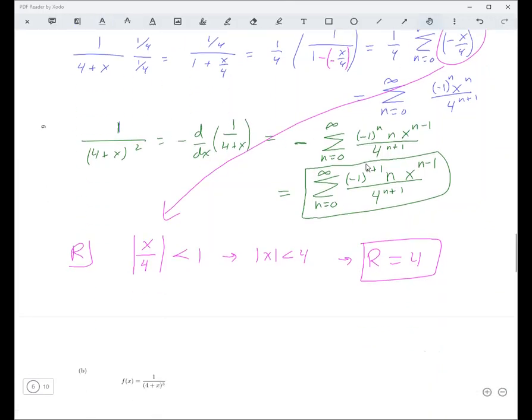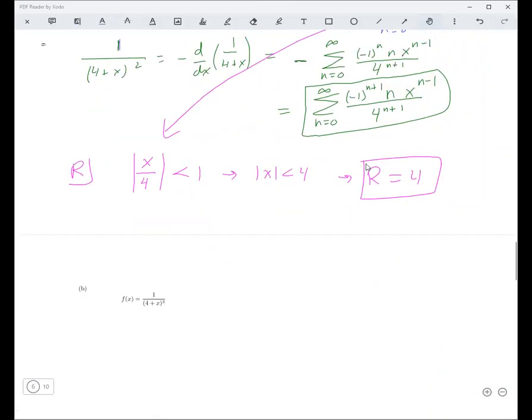Okay, and we go on to part B, which is 1 over 4 plus x to the 3rd power. Okay. Now this one is going to be, let's see, if you take the derivative of this, let me do this in red.